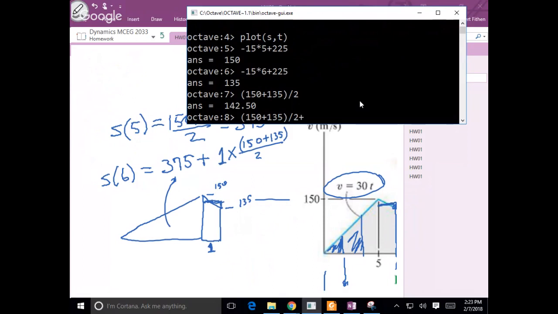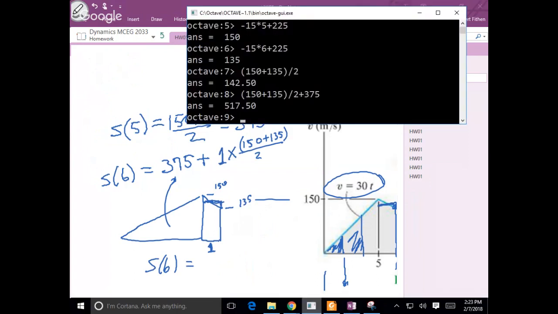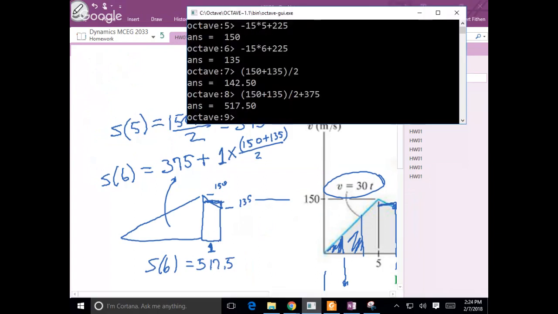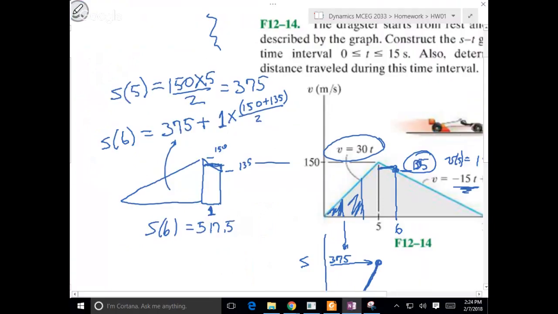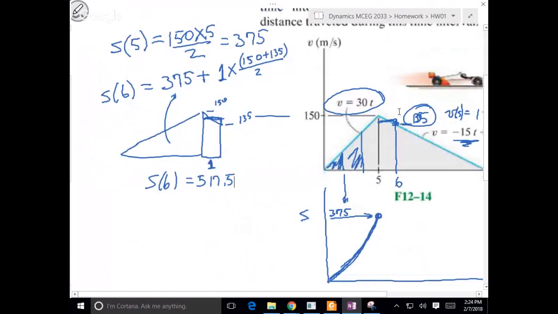Then add that to 375, and you get S at 6 should be 517.5, I guess. So you still are inclining, but I think it starts trailing off.